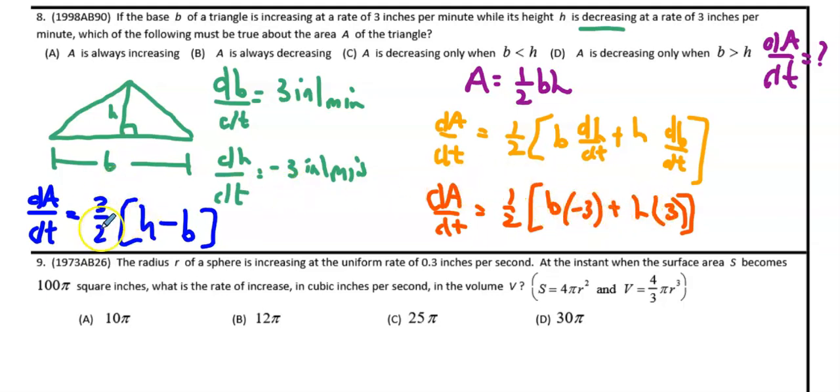I don't want to pull out a -3 because I don't want to deal with the negative on the outside. When I pull out a positive 3, I have h minus b.